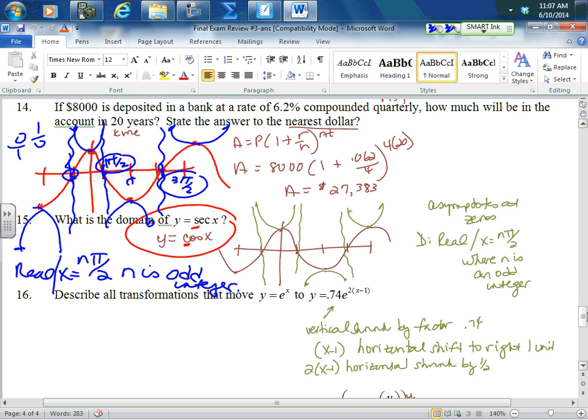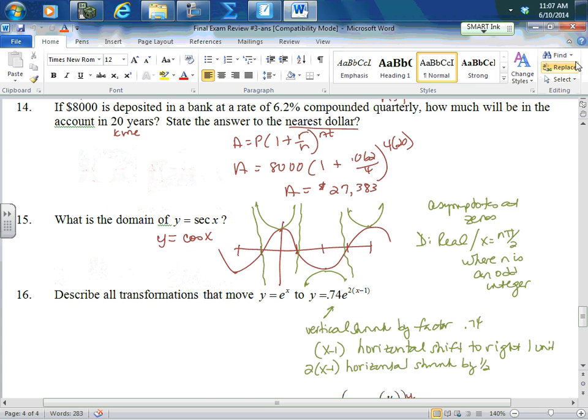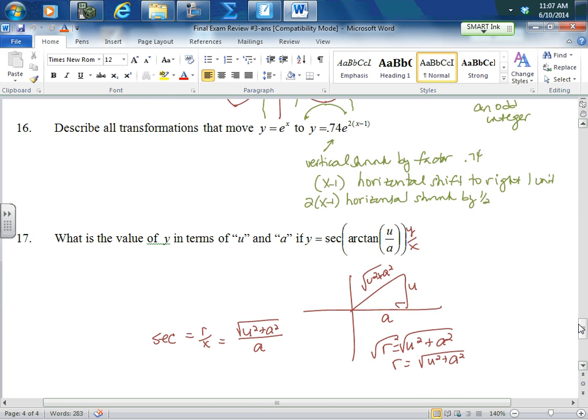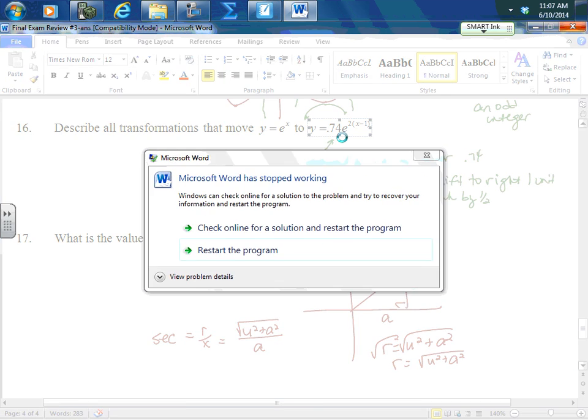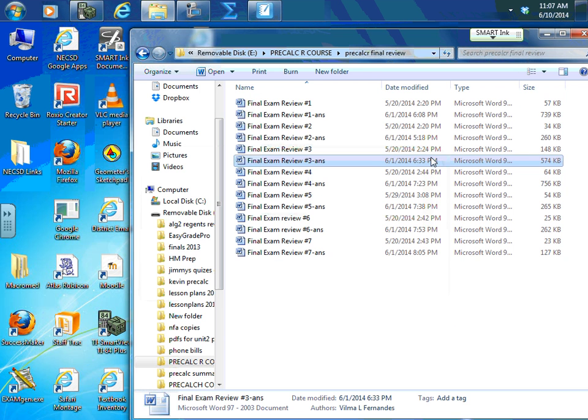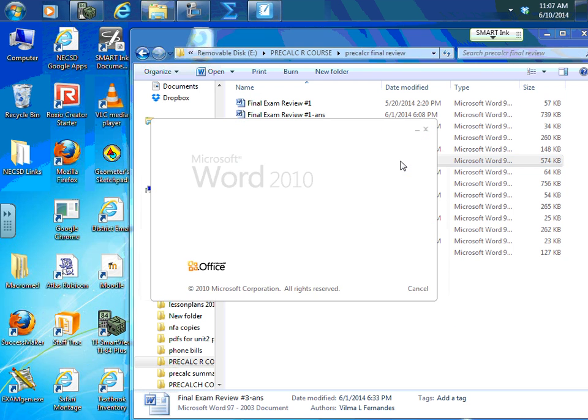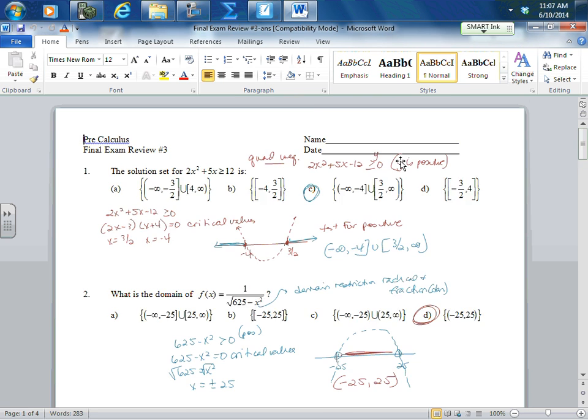Guys, let me just get through this sheet, because then tomorrow we have 3 to go over still. 4, 5, 6, 7. We actually have 4 to go over. Okay? Describe your transformations. Anything less than 0 gives you a shrink on this vertical. Sorry about that.